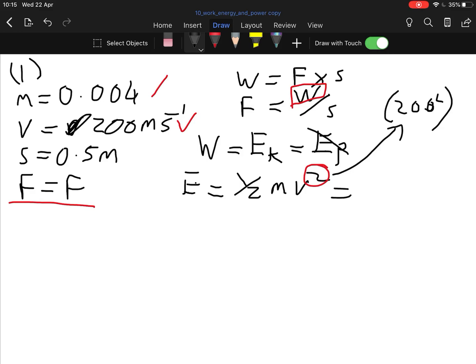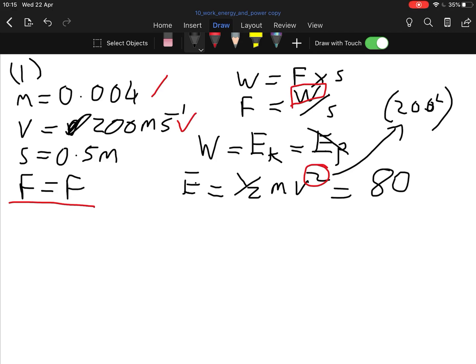Sometimes calculators, if you put the square outside with no brackets, don't follow BIMDAS and will multiply the 200 by the 0.004 and then square that answer. So just to be safe, put it in the brackets.